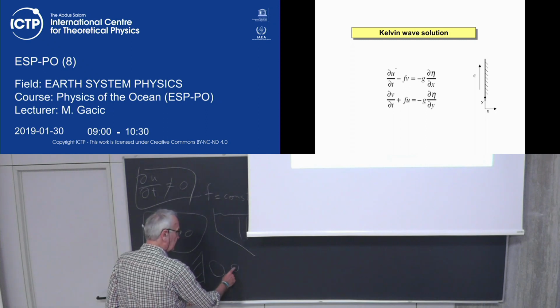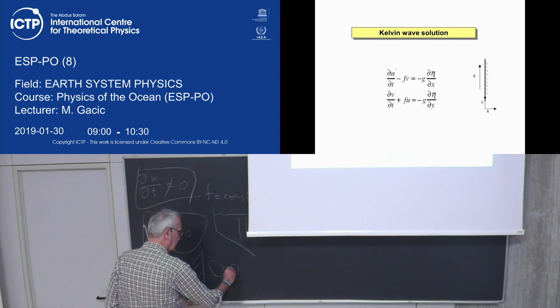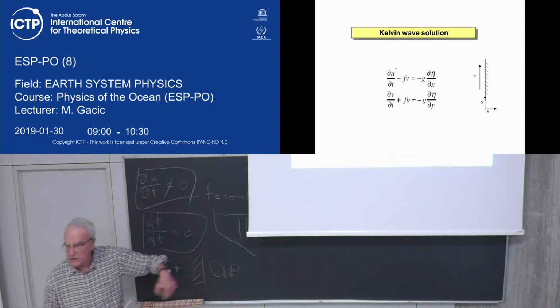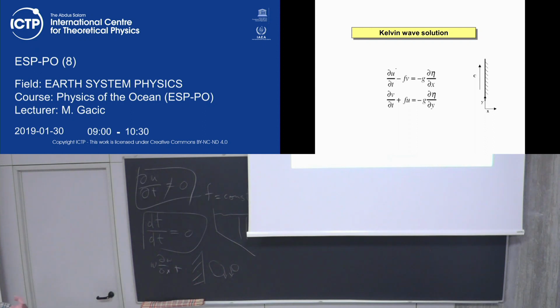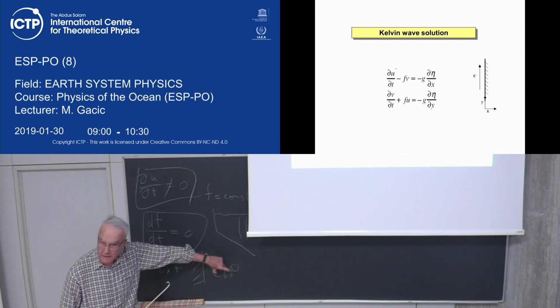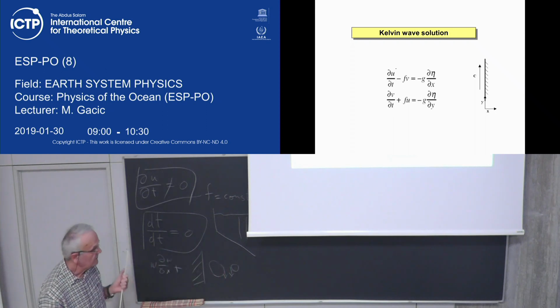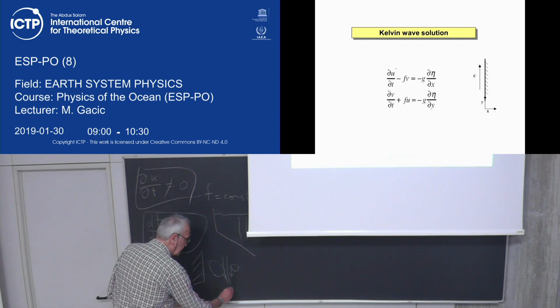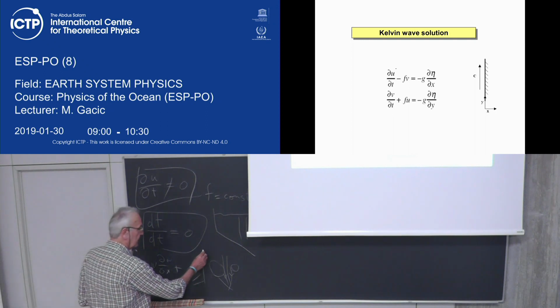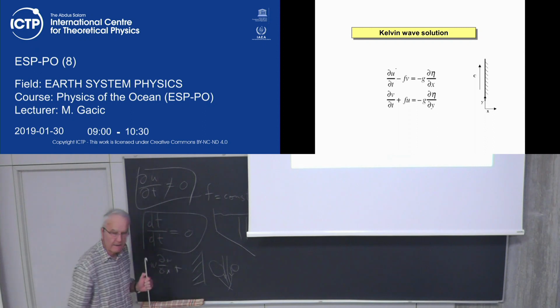Here, the water column gains the positive vorticity. Okay, so both water columns, one which moved toward the open sea and the other one which moved toward the coast, have the same velocity in the same direction, which means that the propagation of the Kelvin waves is possible only in one direction. This direction means that the perturbation leaves the coast at its right, in the northern hemisphere.